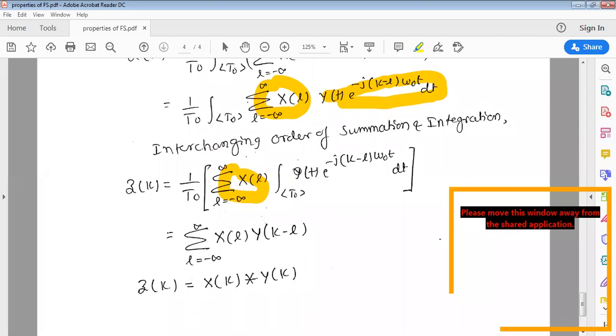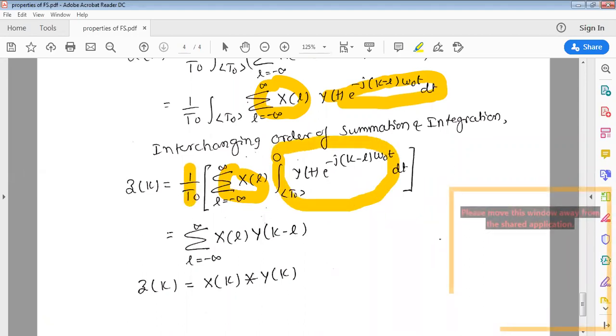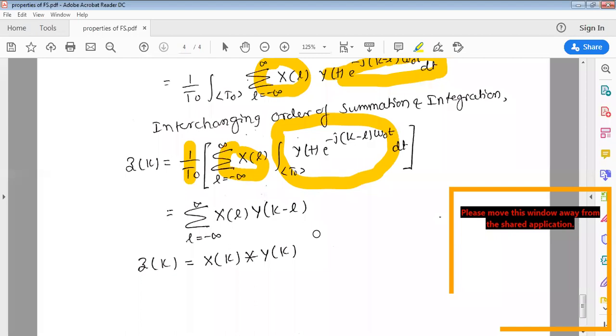Instead of y of k, I have y of k minus L, because k gets replaced by k minus L. So this is nothing but the Fourier series equivalent y of k minus L. This is 1 by T naught into this entire term, y of t into e power minus j into k minus L omega naught t, which is equivalent to y of k minus L. So x of L into y of k minus L is nothing but x of k convolved with y of k.